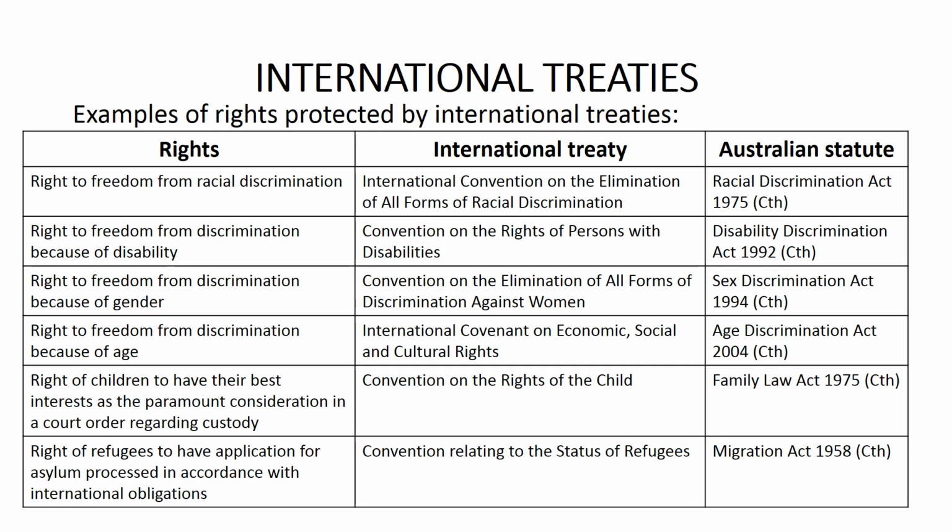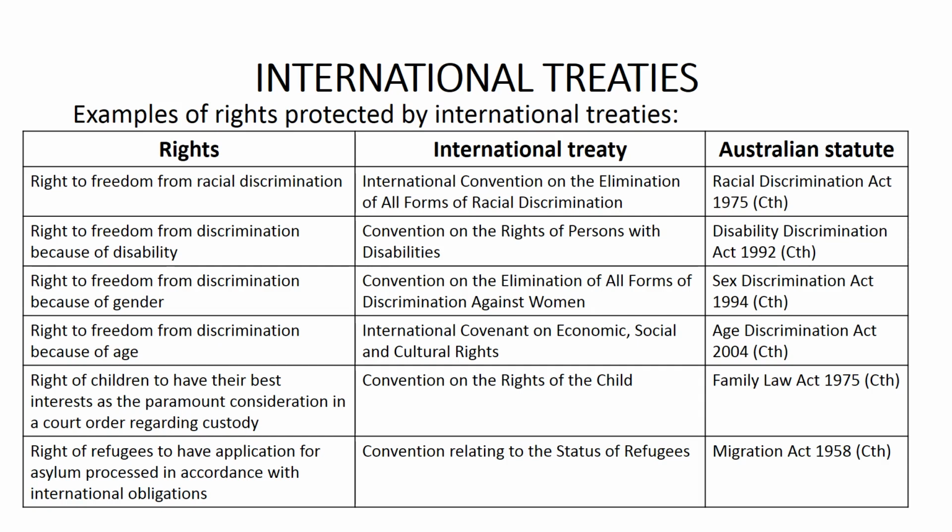So, if we're looking for our right to freedom from racial discrimination, that is a right which has been set out in the International Convention on the Elimination of All Forms of Racial Discrimination. And Australia is a party to that international treaty, and as part of its obligations under that treaty, the Commonwealth Parliament then passed the Racial Discrimination Act 1975, which enshrines in Australian law the right of people to be free from racial discrimination.